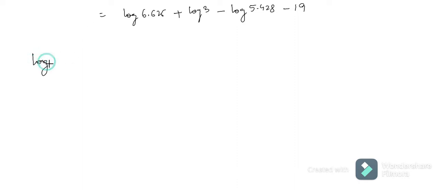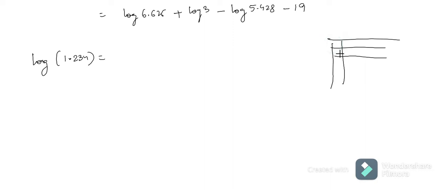Now see how to compute log of 1.234. In the log table there are many rows and many columns, right? In the first column we will be searching the first two digits of our number, regardless of the point. We will not consider the point, but we will see this as a number.